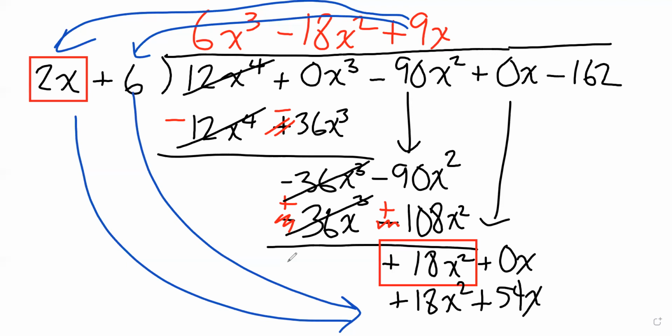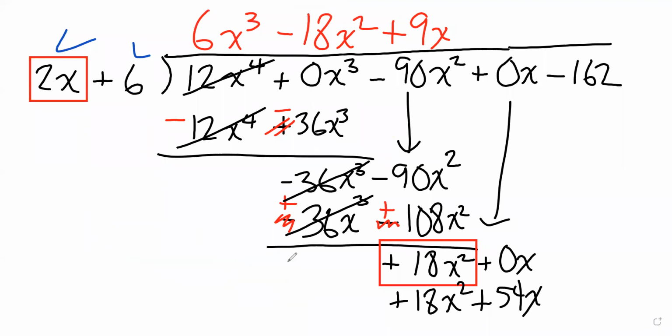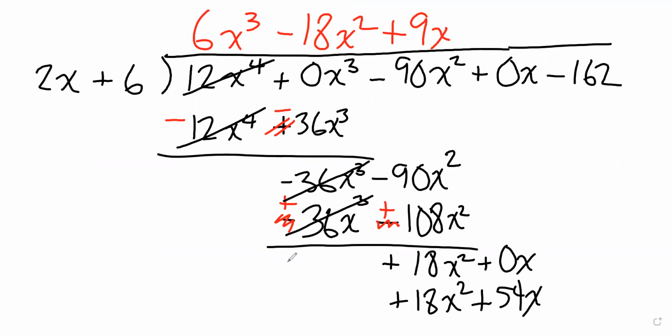Okay, let's get rid of all the stuff we don't need. The only problem with drawing all these squares and arrows and stuff is that they get in the way. You don't have to draw them when you're doing the problem. I do it for instructional purposes. All right, we're going to switch the signs. So we'll go ahead and just subtract by switching these signs and then combine like terms.